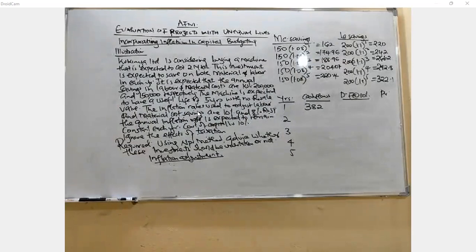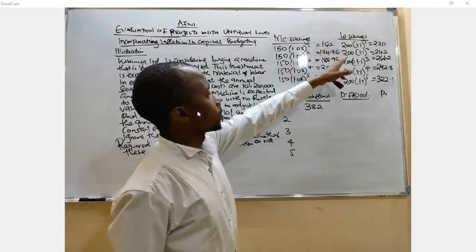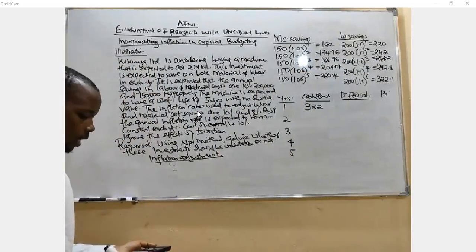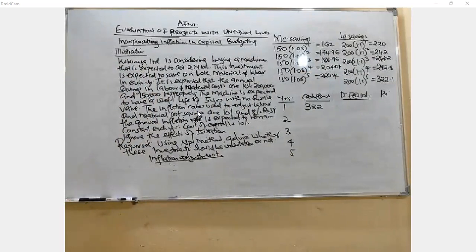Next. 174.96 plus 242 is how much? That is what I'm asking. Let's do quickly, please. I just want to finalize this. 416.96.